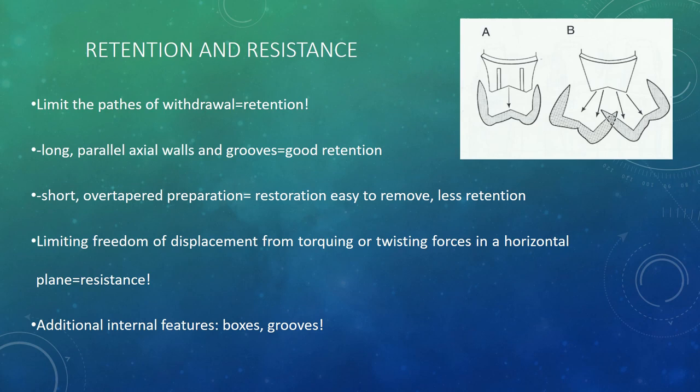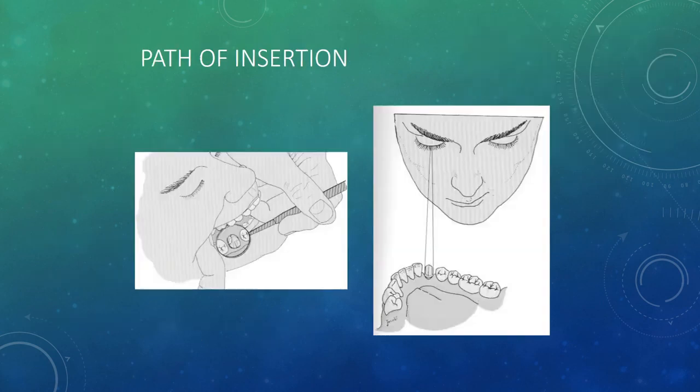With a short or tapered preparation, the restoration is usually easy to remove and is less retentive. It also limits freedom of displacement from torquing or twisting forces in a horizontal plane. Any additional internal features such as boxes and grooves are the things which have to be incorporated.